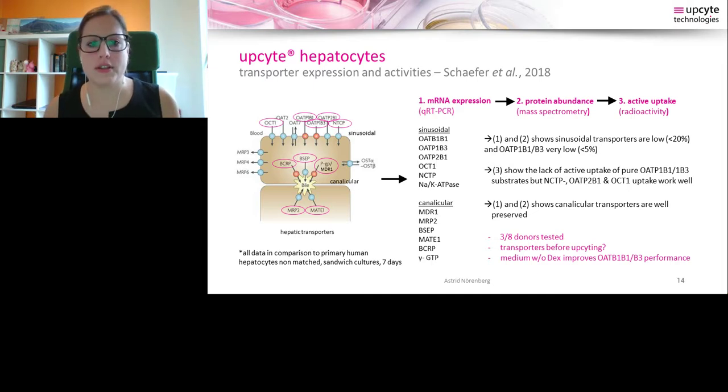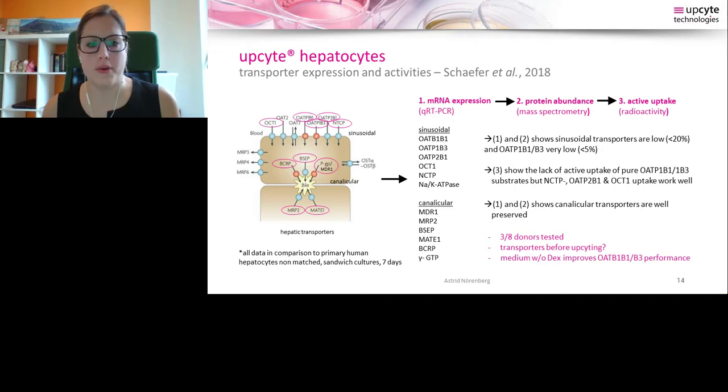On the canalicular side, the transporters are quite well preserved, comparable to the primary hepatocytes. One note here is that they just tested 3 of the 8 donors which are currently available, and we don't really have data on the transporters before upcyting, so it could be that they were already quite low on the OATP side, for example.